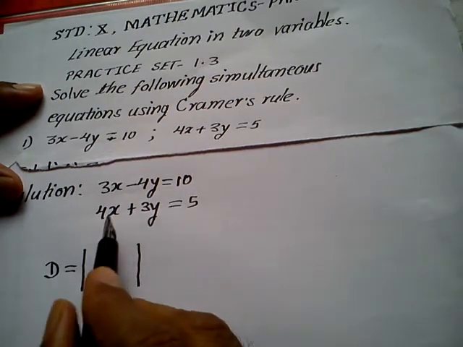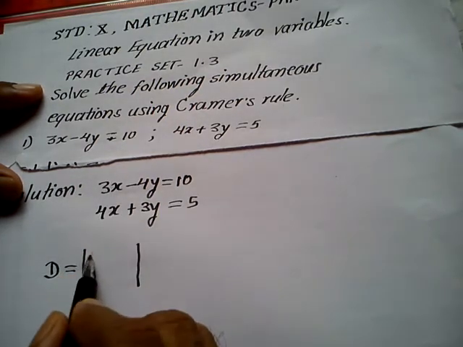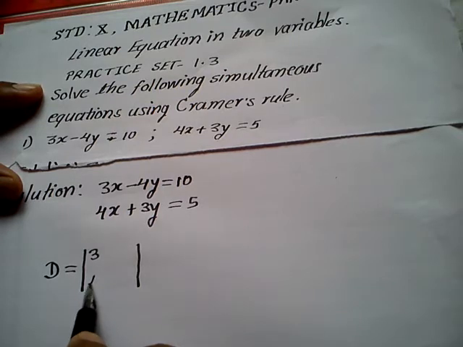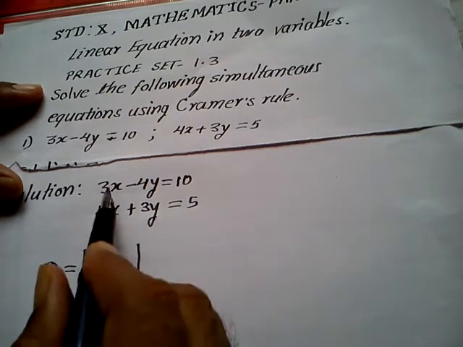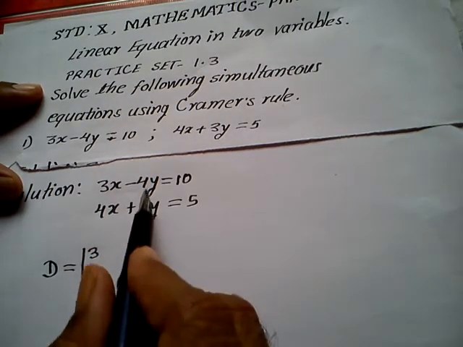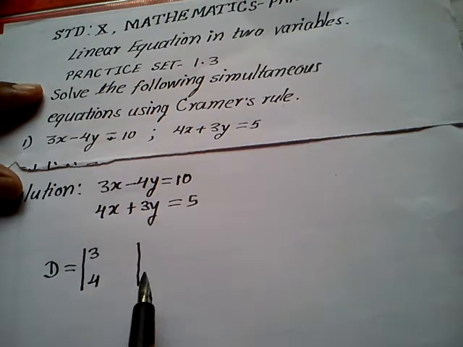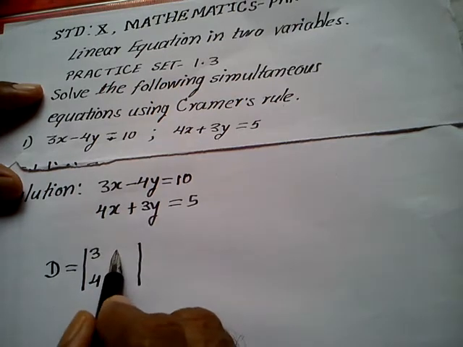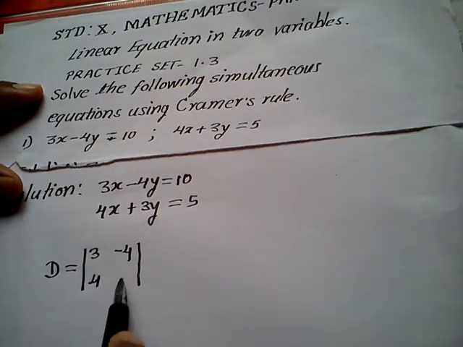See here, write down x: 3, 4, the coefficient of x, and below it the coefficient of y. While writing the coefficients, if a coefficient is negative, write it as negative. This one is positive. So D is equal to, first step, 3 into 3.